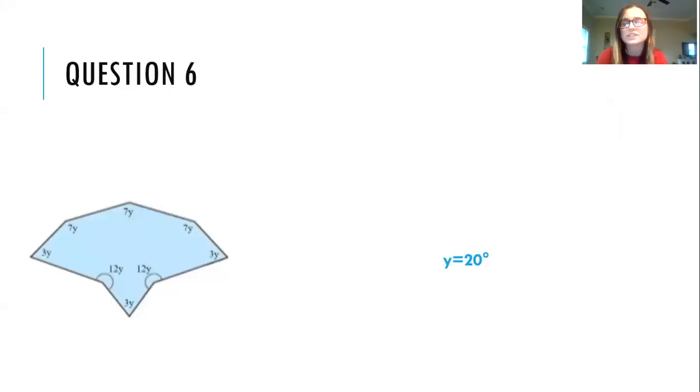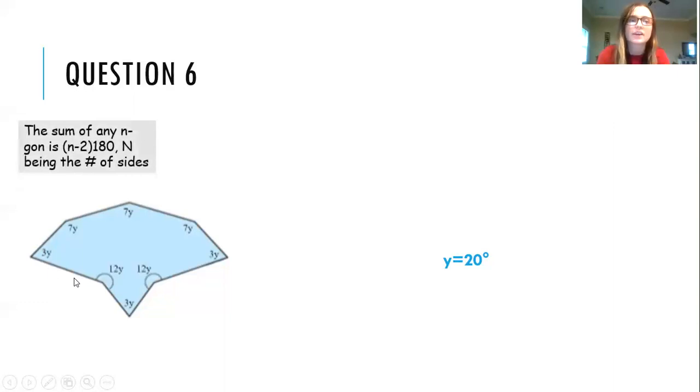So for question 6, we have to find the measure of all the angles inside of a concave polygon, like this one right here. So the first thing we have to know is the sum of the interior angles of any n-gon is (n minus 2) times 180, n being the number of sides.